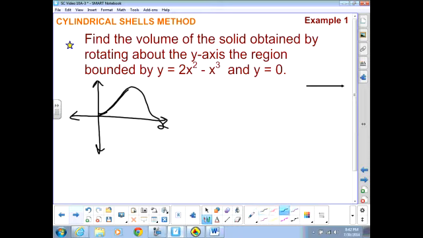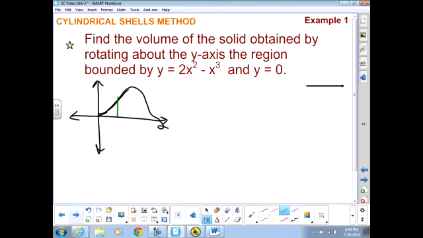Now, there's two main differences with cylindrical shells compared to the others. The first thing is you're not drawing in a slice, you're drawing in a rectangle. When you draw in that rectangle, the long part of the rectangle needs to be parallel to the thing that you're rotating around.